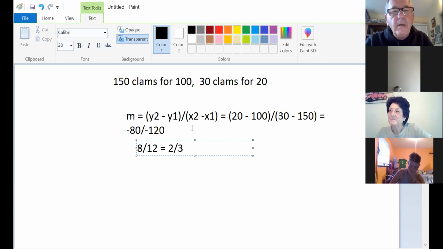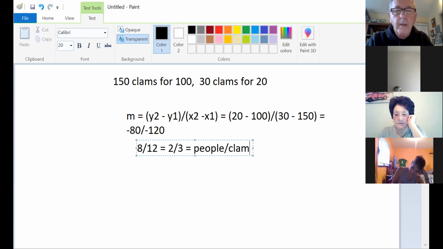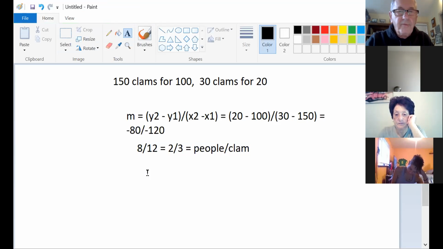In this particular case, it's the number of people per clam, right? So 2 over 3 is equal to... no, people per clam. So we'd really want it the other way around. But normally you'd just flip this around.